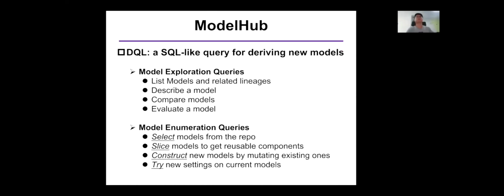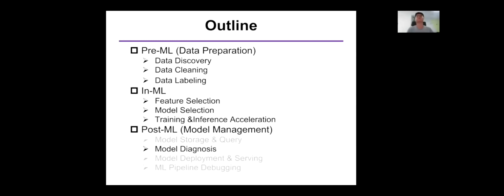So ModelHub can list models, describe models, compare models, and evaluate the models. And it can also select the models and construct new models by mutating existing models and trying new samples.